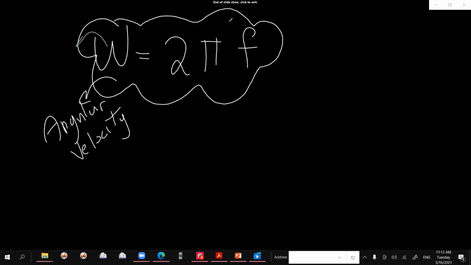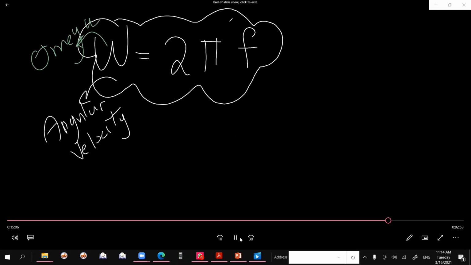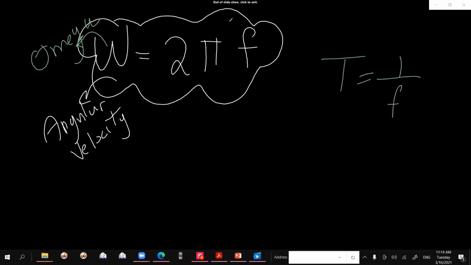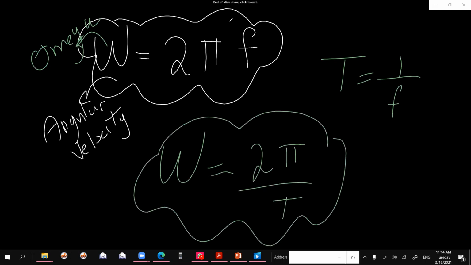And since the period is 1 over the frequency, I can say that omega is 2 pi over the period. So we have learned two formulas that I can use in order to find the angular velocity: 2 pi times the frequency, or 2 pi over the period.